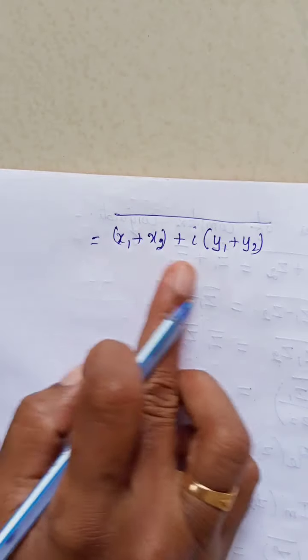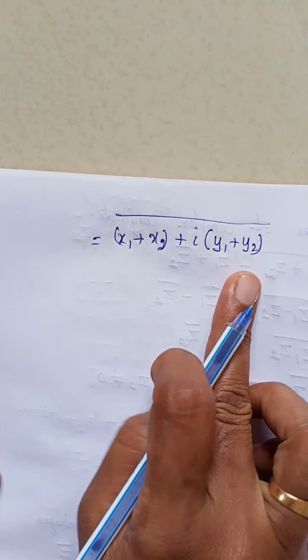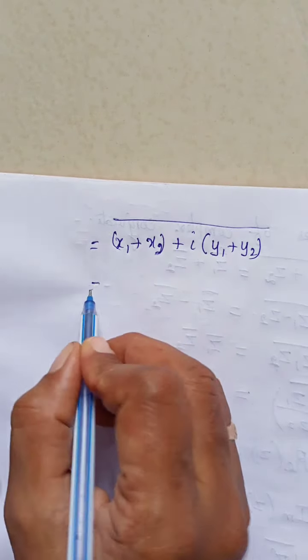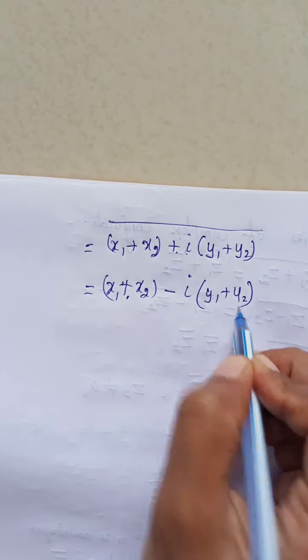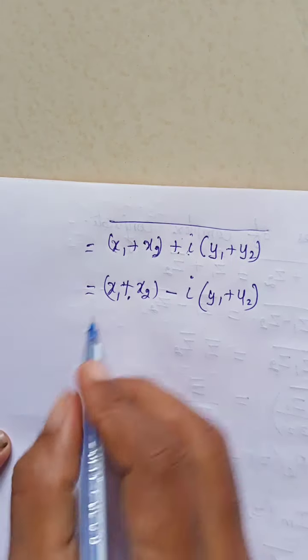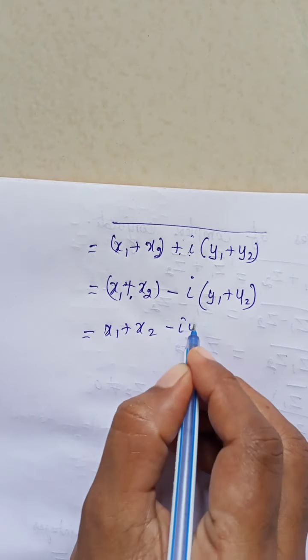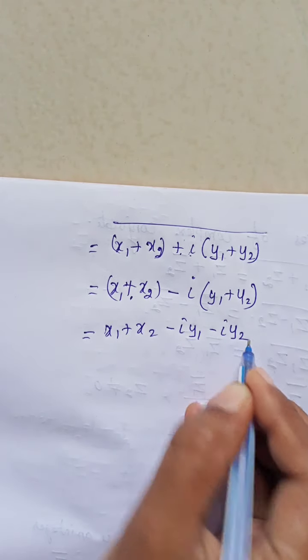Now this is real part plus i into imaginary part. Now we can find the conjugate. Conjugate means just change the sign of i. So we get x1 plus x2 minus i into (y1 plus y2). If I separate it, x1 plus x2 minus i y1 minus i y2.